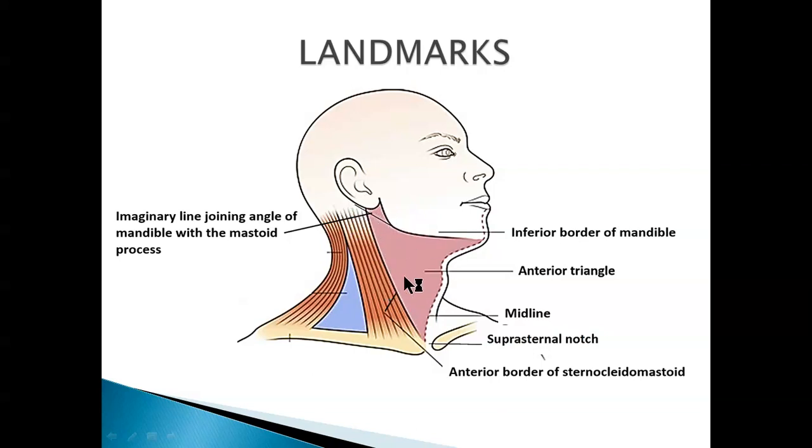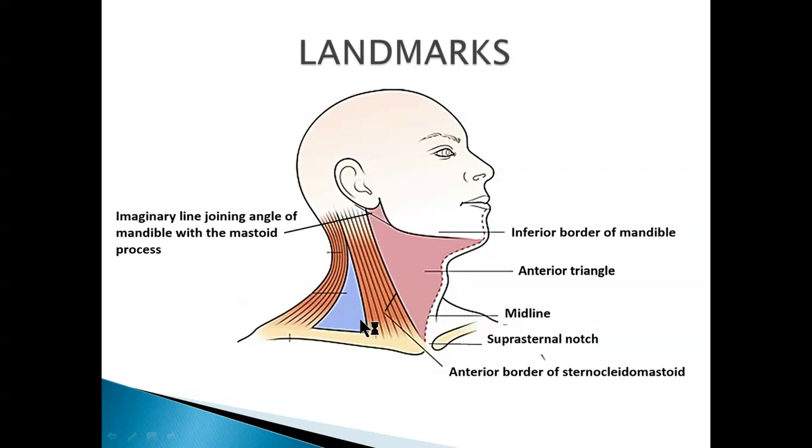This is your anterior triangle. The boundaries of the anterior triangle would be your anterior midline in the neck, the inferior margin of the ramus of your mandible, and the anterior border of your sternocleidomastoid. These would be the boundaries of the anterior triangle itself.